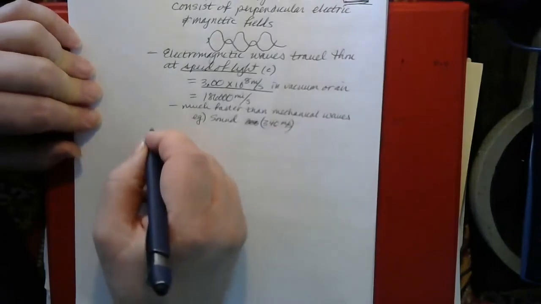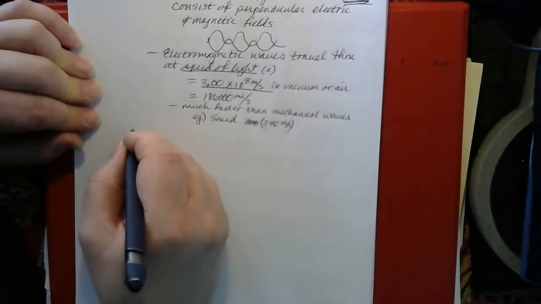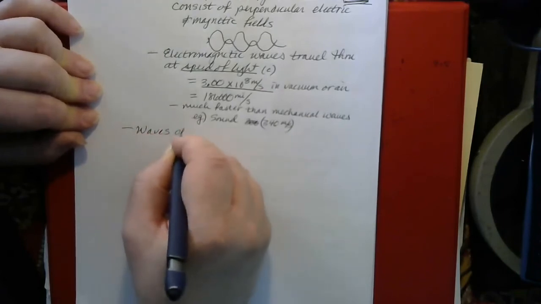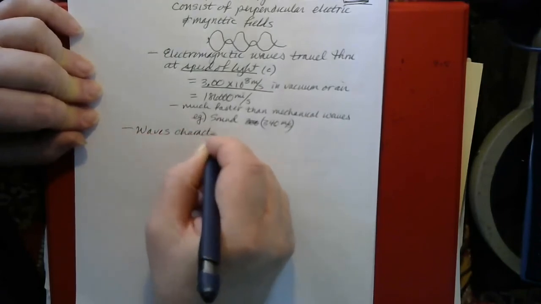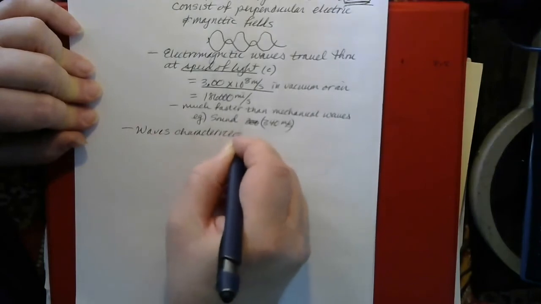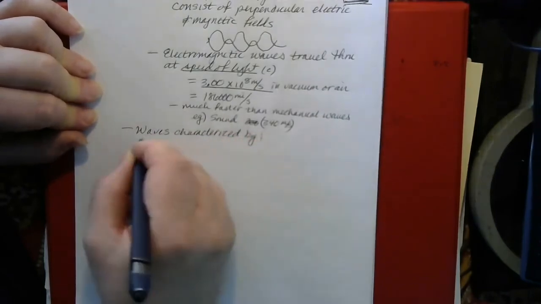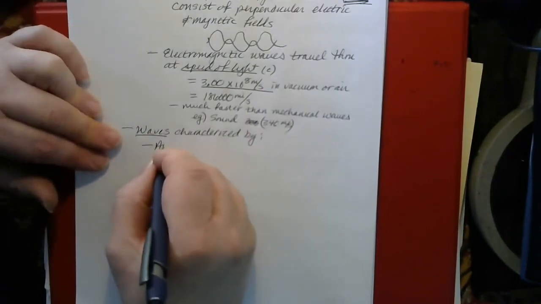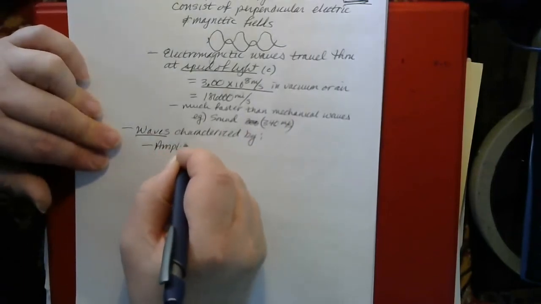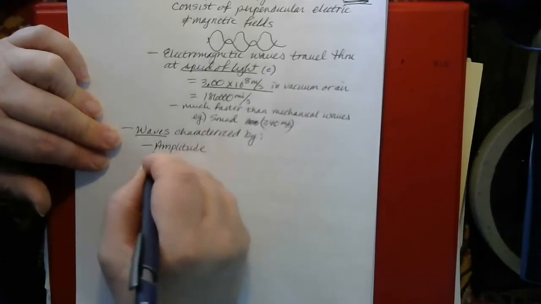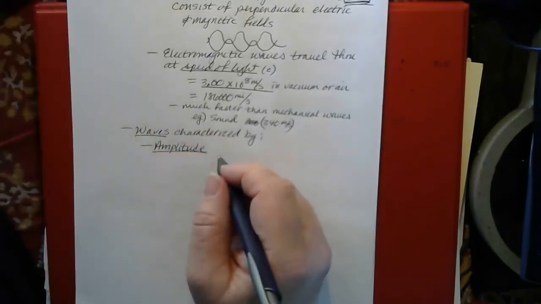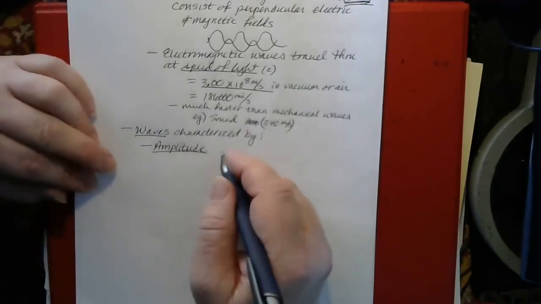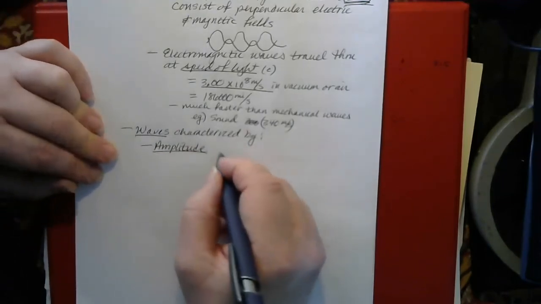Okay, so waves are characterized in several ways. One of the things that can characterize a wave is amplitude. Amplitude is just the height of the peak of the waves above the midline.